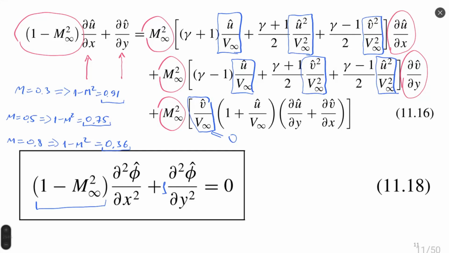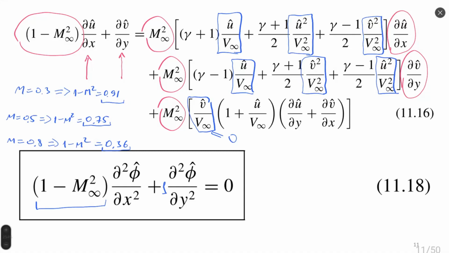This is why we cannot use pure Laplace's equation to calculate compressible flow and also transonic flows, because it will be absolutely inaccurate, because the coefficient in front of the second derivative in the x direction is significantly different from the second coefficient, which is 1.